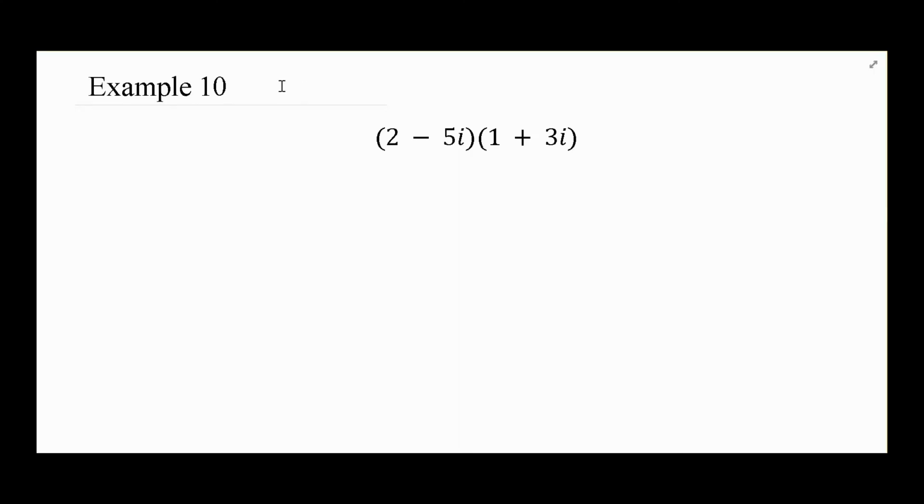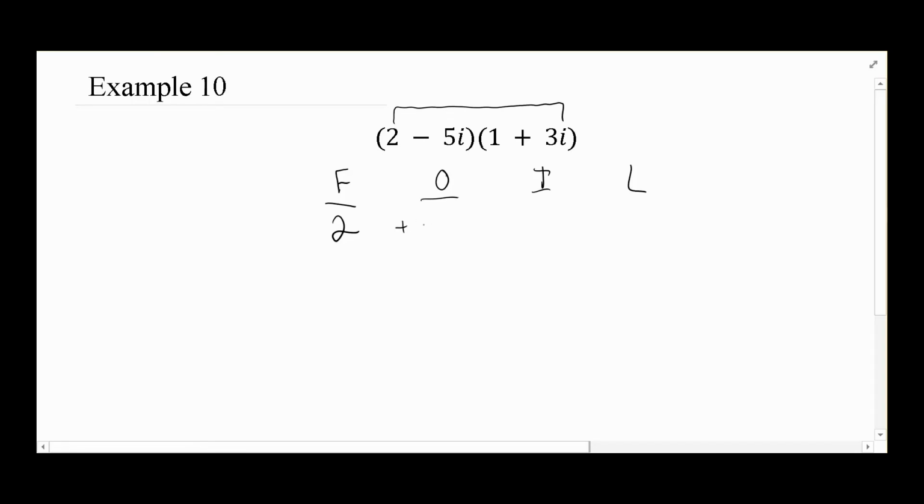Let's move forward to this example. If I want to multiply the complex number 2 minus 5i by the complex number 1 plus 3i, hopefully it looks obvious that we're going to want to FOIL. And that's exactly what we're going to do. We're going to do FOIL, where the F is the first times the first, and we get 2. The O, or the outside, is 2 times 3i.